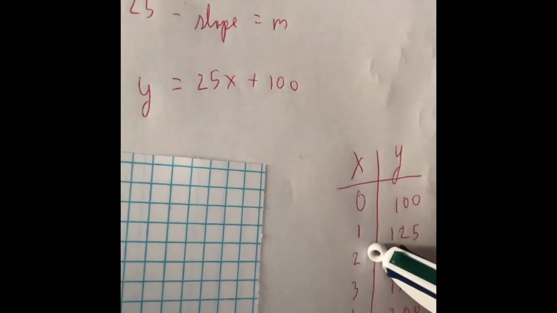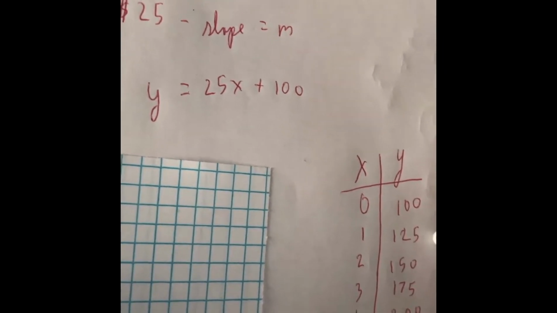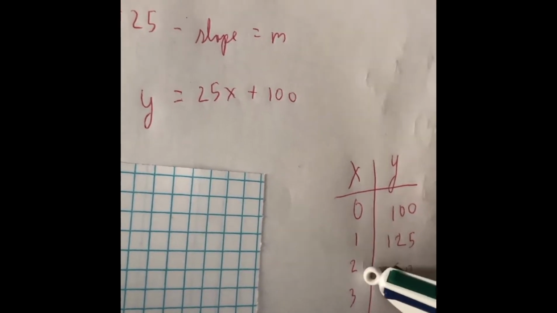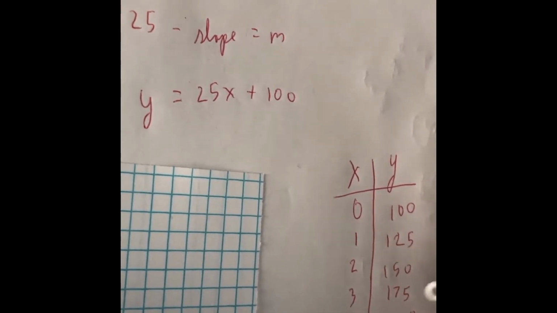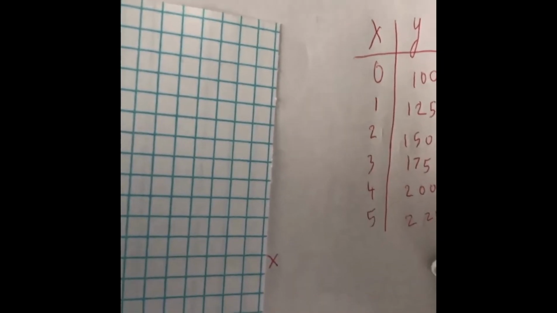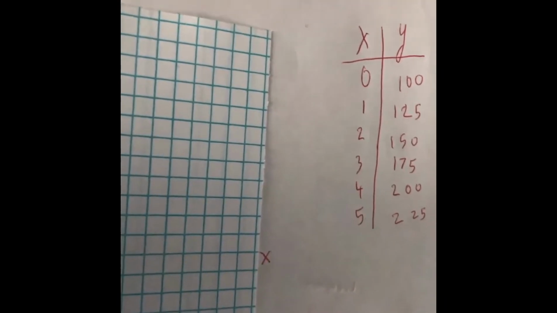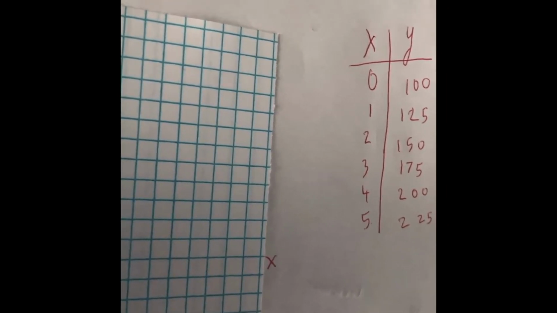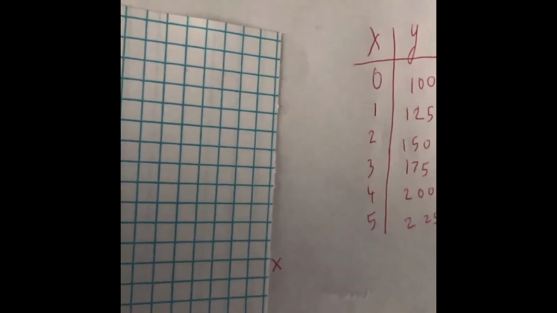If he only delivers for 1 day, he has a total cost of 125. For 2 days, 150. For 3 days, 175. For 4 days, 200. And for 5, 225. Let's do 6 values, and let's not do more than that because then our graph's going to be big.